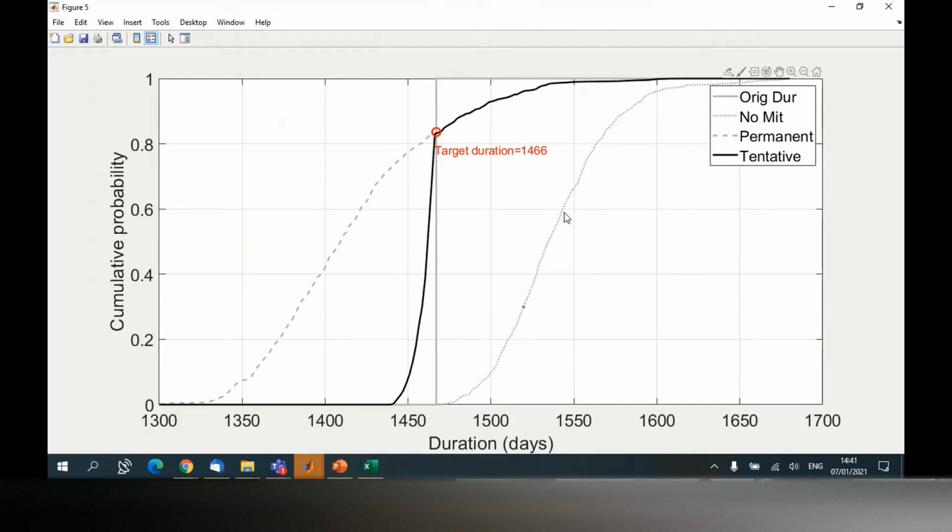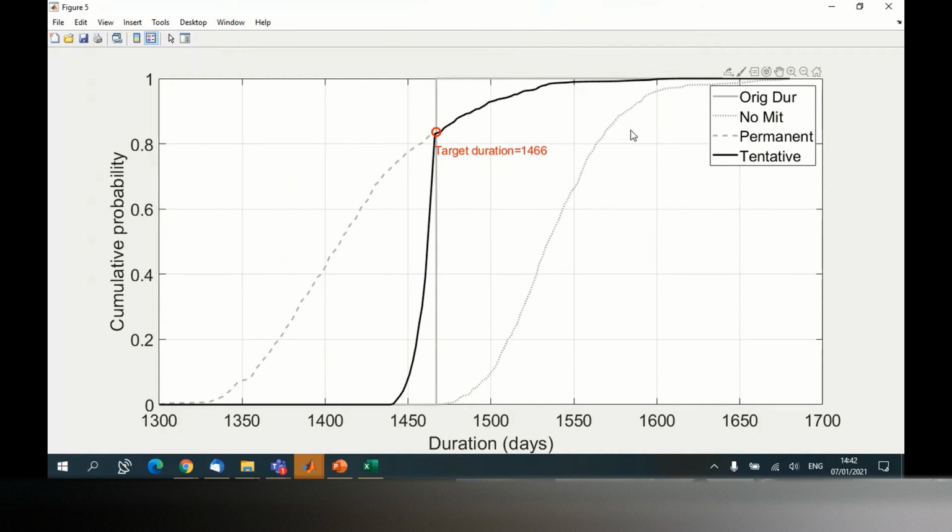Just focus on this curve here. This one is the curve corresponding to the case without any mitigation. So if you don't want to apply any mitigation, then this is the S-curve of your project. So you will always get this curve, whether you apply mitigation or not.